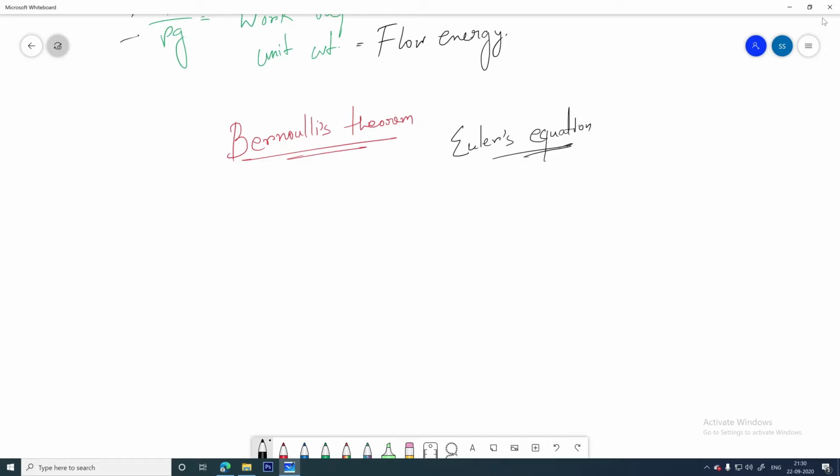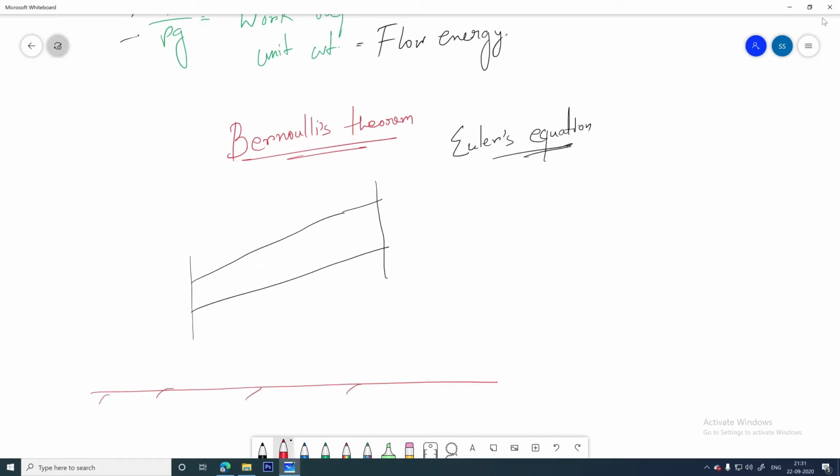And the Bernoulli's equation is basically something like this. If we have two sections, something like this, and suppose this is the datum, and it is section 1-1, it is section 2-2.